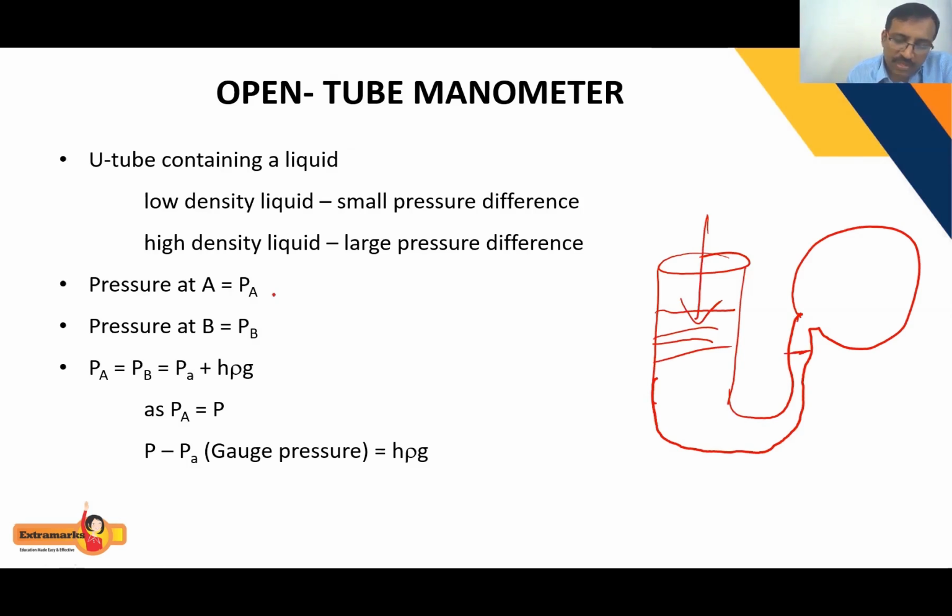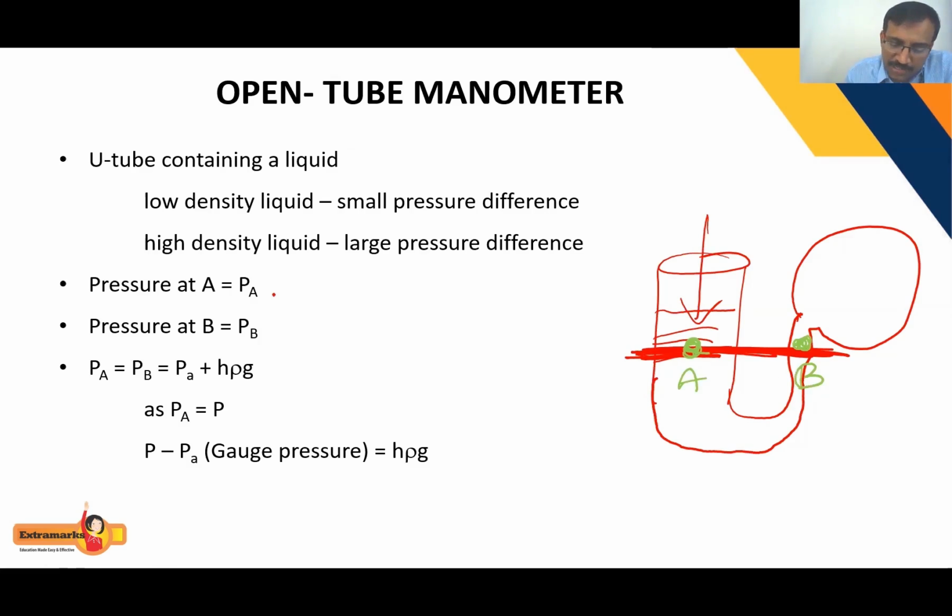When the liquid is at rest, if I draw a horizontal line and take 2 points here and here, the pressure at these points must be the same. So this is point A, and this is point B.